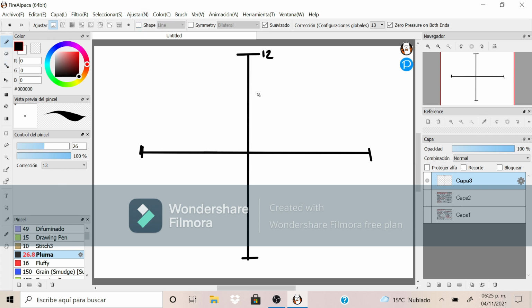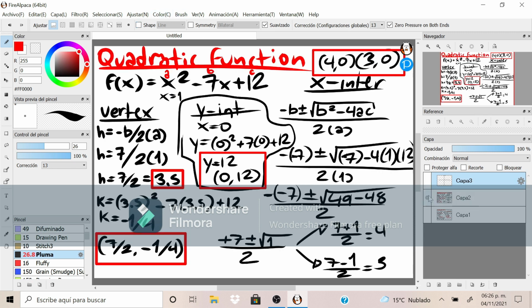So we have 12. Here we're gonna have 1, 2, 3, 4, 5, 6. 1, 2, 3, 4, 5, 6. So basically, we're going to mark the vertex, which, as we all saw, would be 7 halves and minus 1/4.